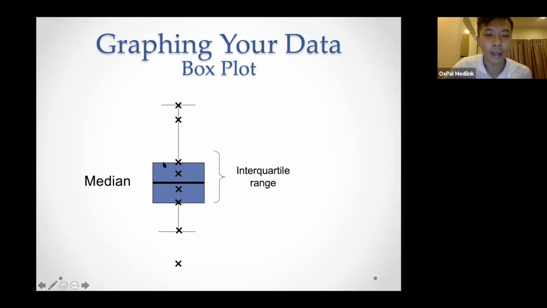Sorry, this is the data point that is in between the median and the extreme points, okay? And the lower percentile or the lower quartile is the data point that is between the median and the lowest point. So this is the interquartile range. It's the box that is drawn.